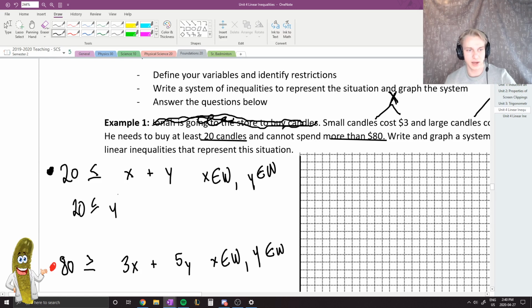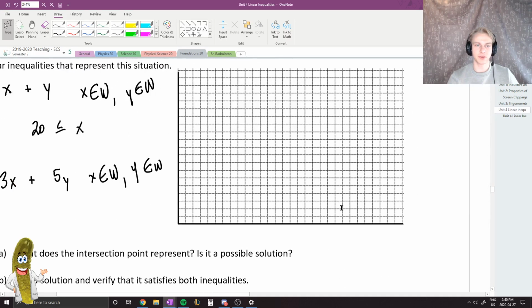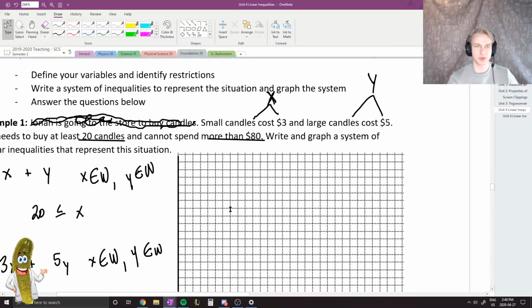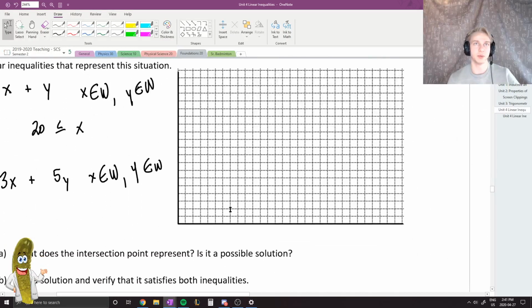And same thing, I can also say if y is equal to 0, 20 can be less than or equal to x. So that means that for this first graph, my intercepts will be 20 and they will be 20. So I need to count down. 1, 2, 3, 4, 5 down.